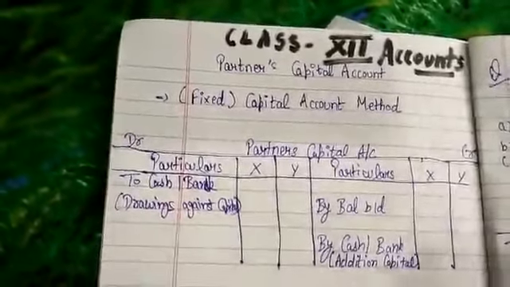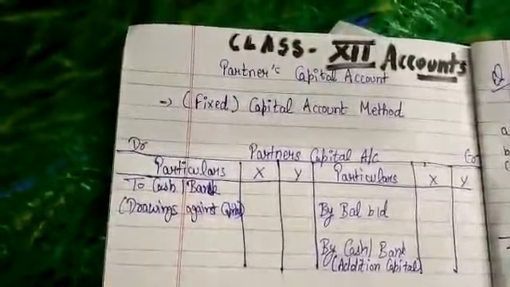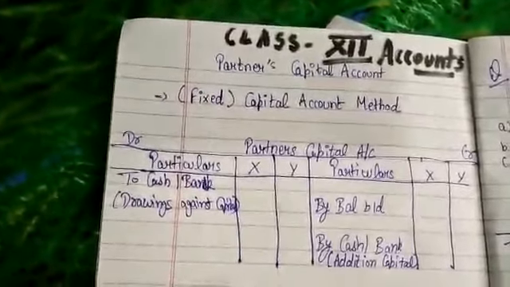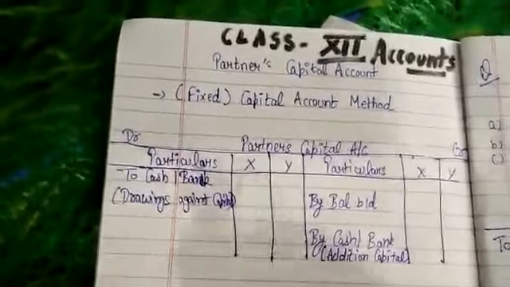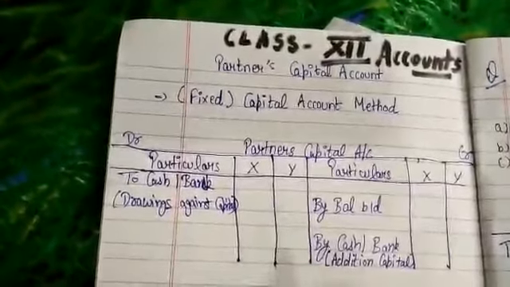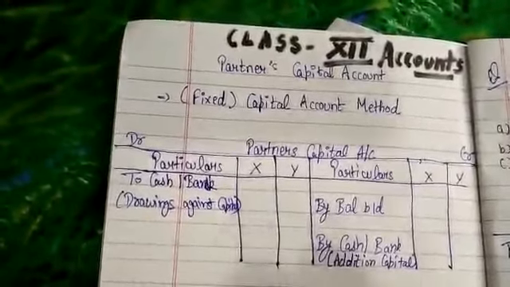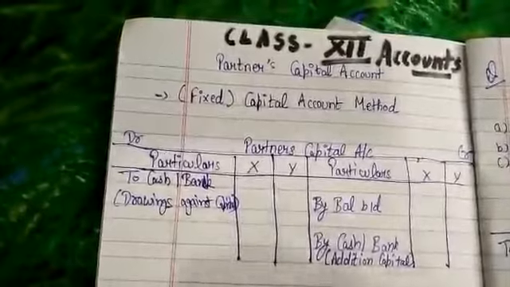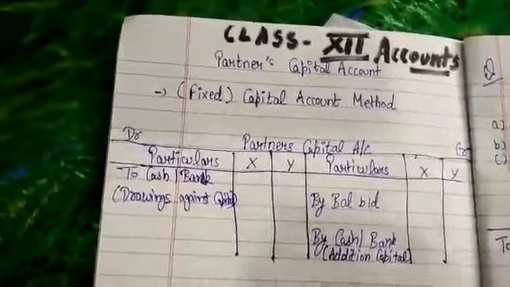Any interest on capital, interest on drawing, any salary, commission, remuneration, nothing will appear on this account. Only if any partner has withdrawn any amount or has introduced any additional capital will be shown in this account.